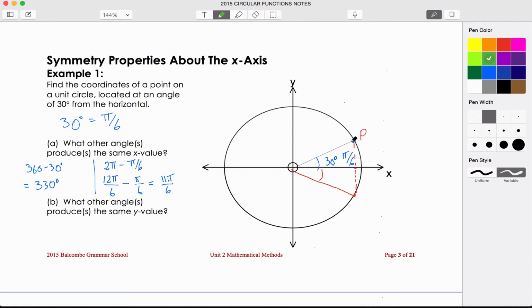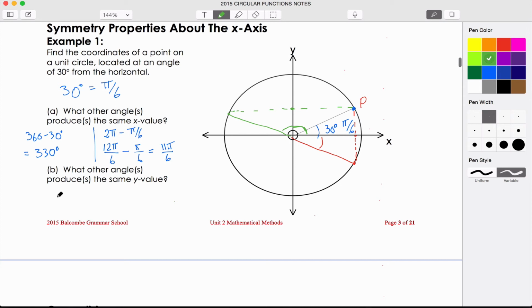So this is the y value we've got because we're going back to our point P. And the other angle would be this one, which would be the same as, in degrees, 180 minus 30 degrees equals 150 degrees.